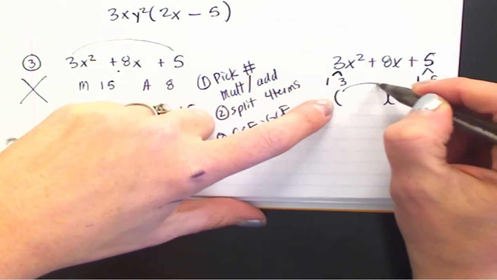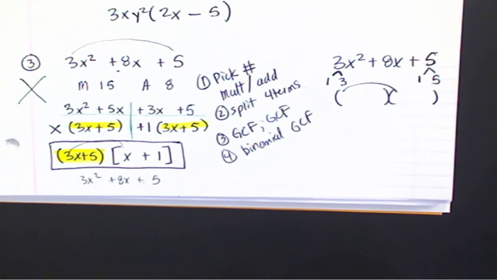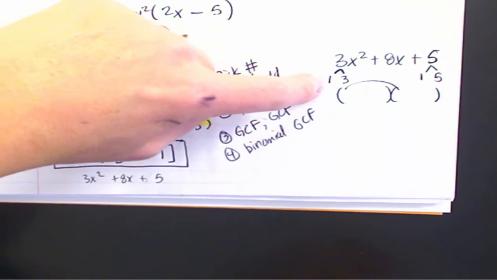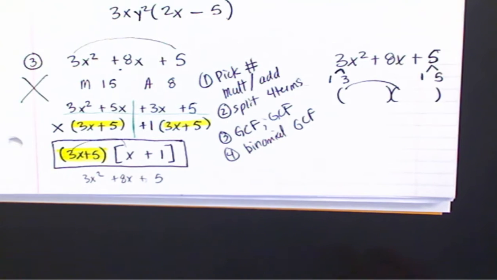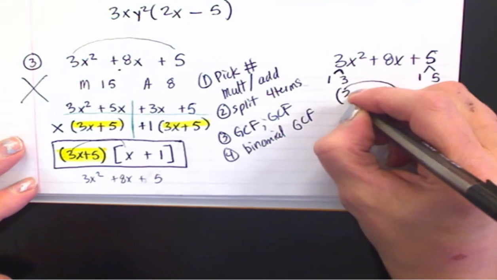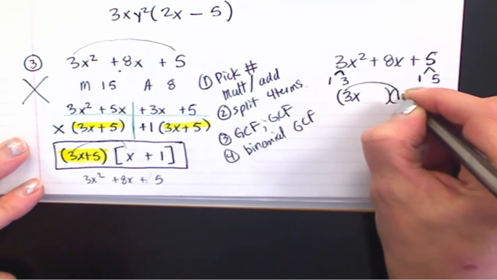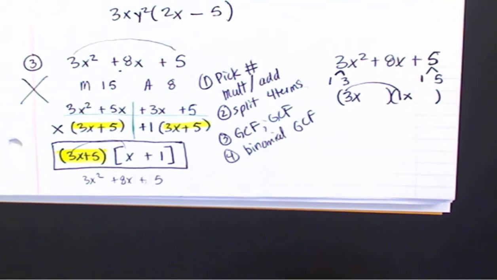What does my first have to multiply to? 3x squared. How many ways can you multiply to get 3x squared? One way. Okay, so I would like you to put down your choices here. 3x and 1x. There is only one way to multiply to get 3x squared.